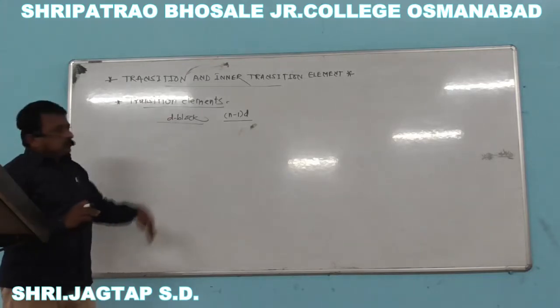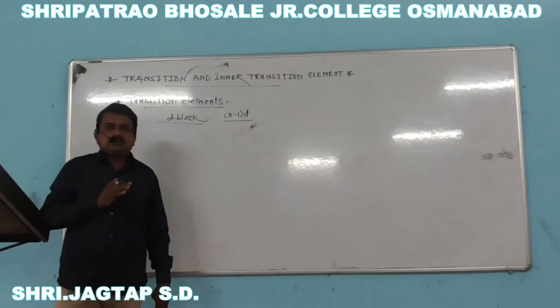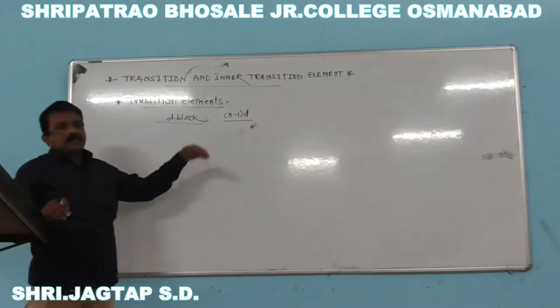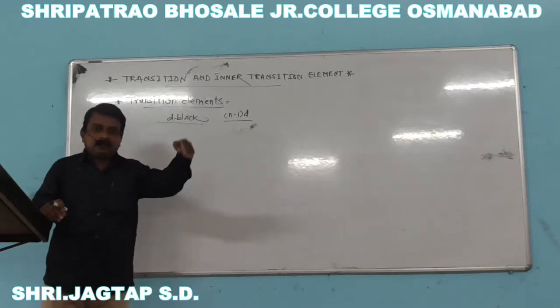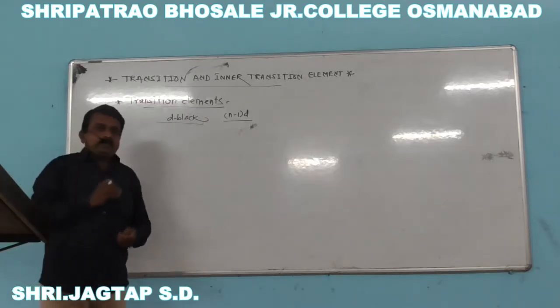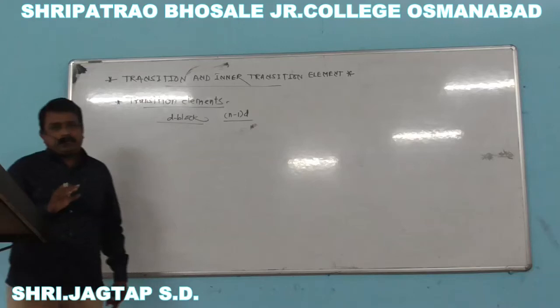Transition elements consist of 4 series: 3d series, 4d series, 5d series and 6d series. In the transition elements, each series consists of 10 elements.